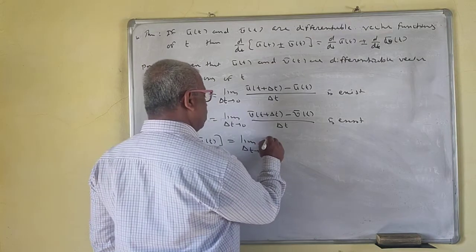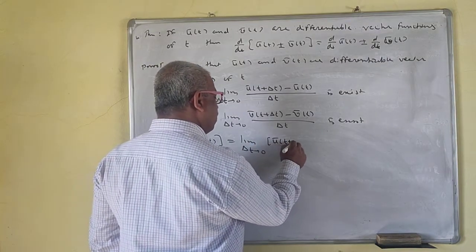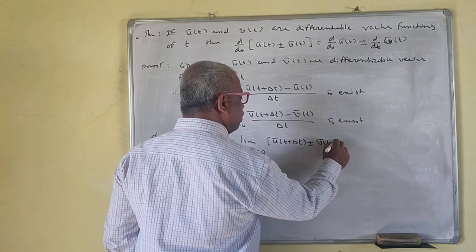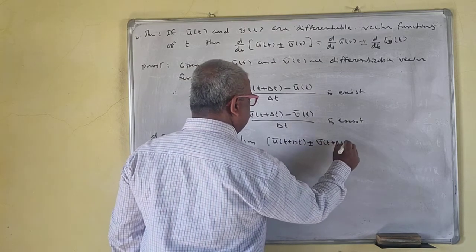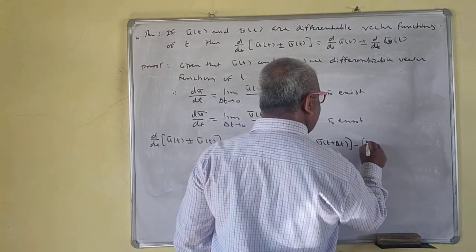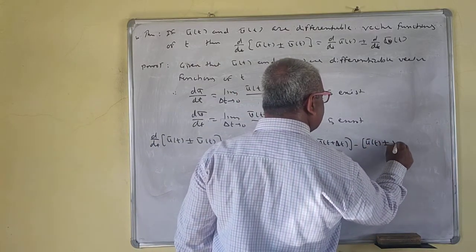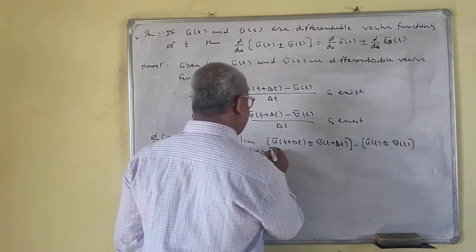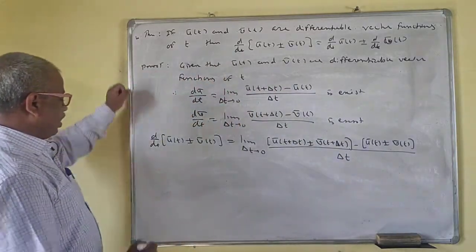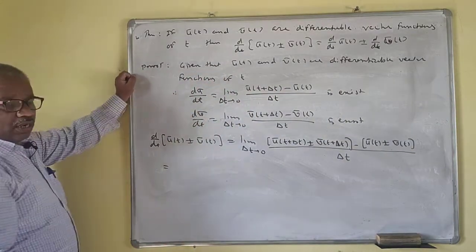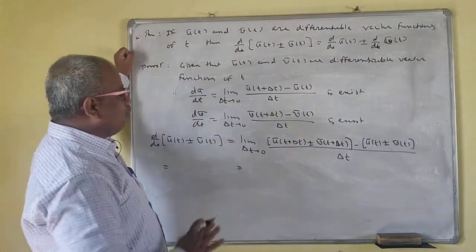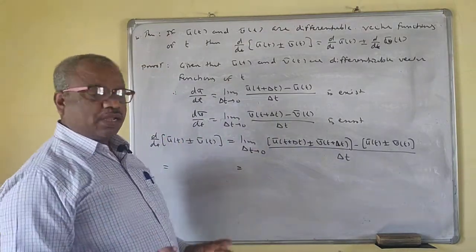So we write u bar of t plus delta t plus or minus v bar of t plus delta t, minus the function as it is, u bar of t plus or minus v bar of t, upon delta t. Now we'll collect the u bar and collect the v bar.